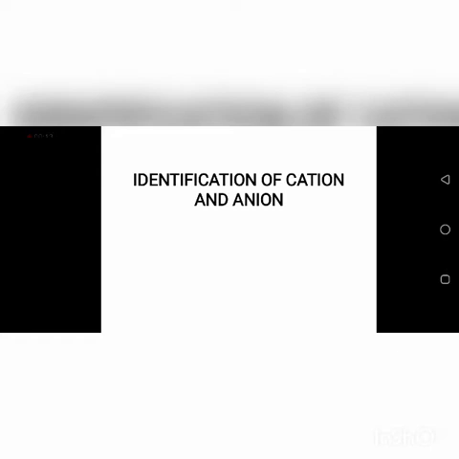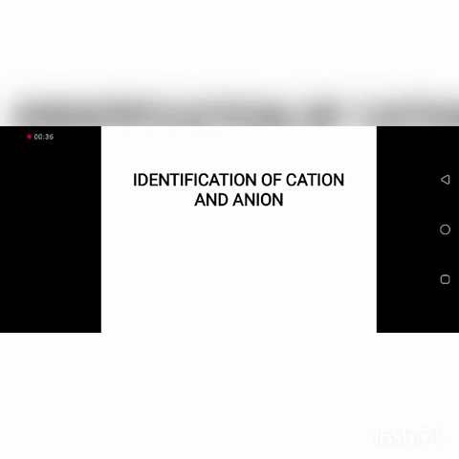Examples include sodium ion, potassium ion, calcium ion, zinc ion, aluminum ion, lead ion, etc. All the ions that are positively charged are cations. They are essentially metals. While anions are negatively charged ions.